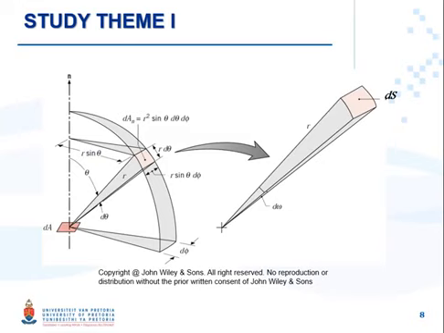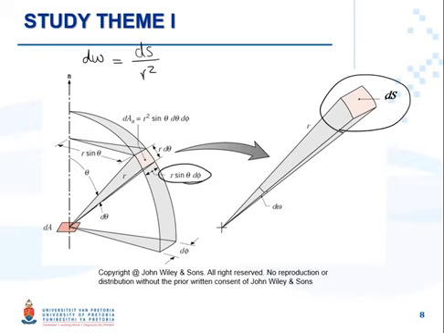From the previous slide we know that the differential solid angle can be defined as ds divided by r squared, but here ds is rectangular and can be calculated easily. So ds is equal to r sine theta d phi multiplied by r d theta.